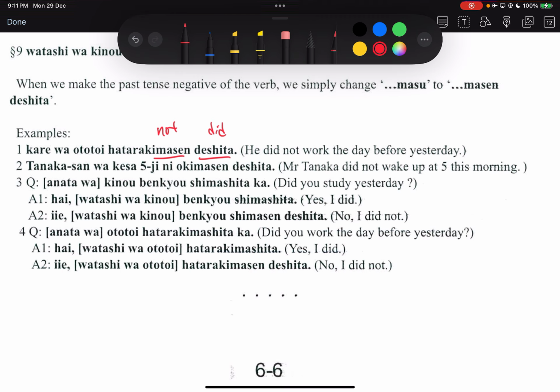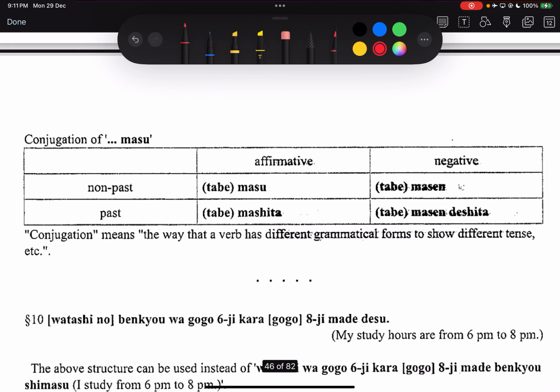Right? 昨日 yesterday, right? Yesterday you studied? Then A1 says, はい、勉強しました. Yes, I studied. いいえ、勉強しませんでした. No, I did not study. Okay. Easy. Let's go on to the next page.